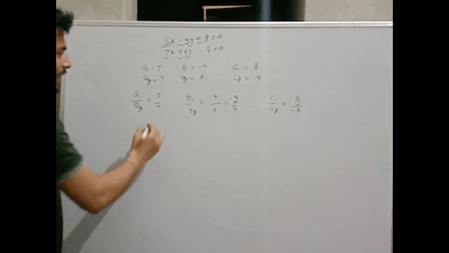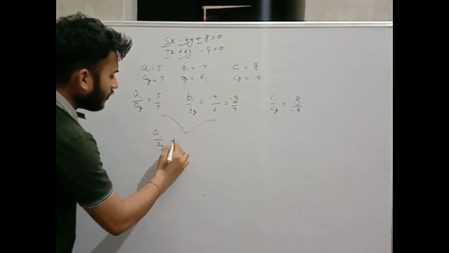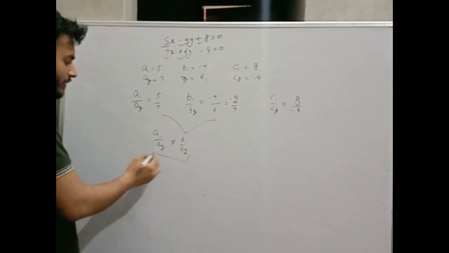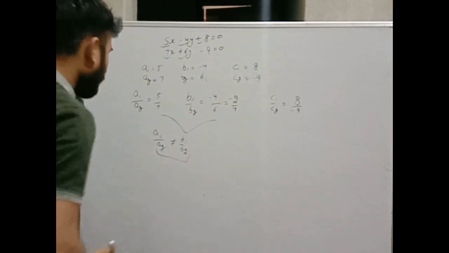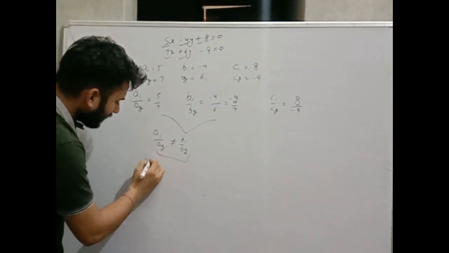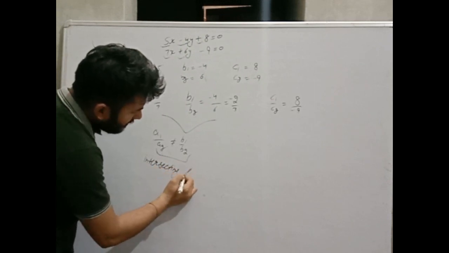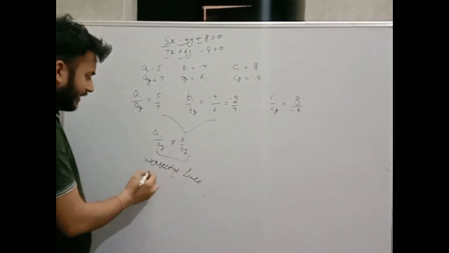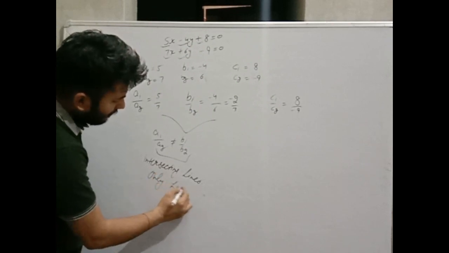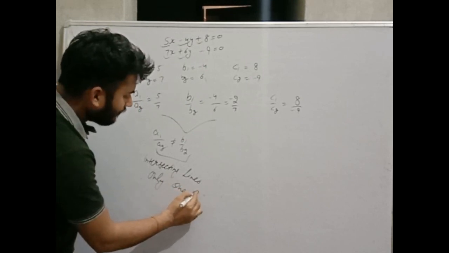On comparing, I found that A1 divided by A2 is not equal to B1 divided by B2. So this was the condition of intersecting lines. So these are intersecting lines, and they have only one solution.